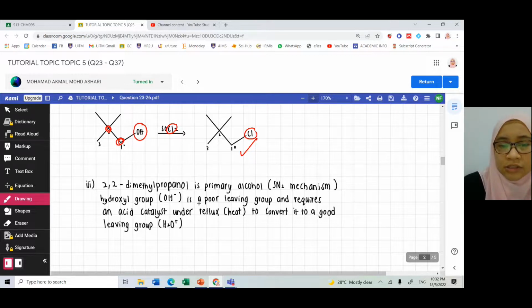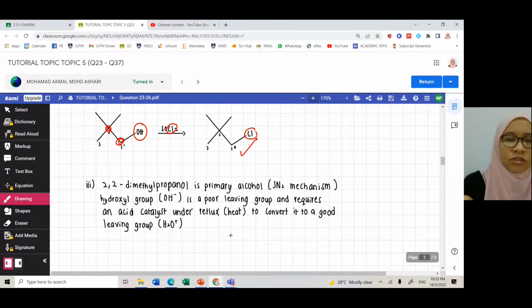Because OH or hydroxyl is a poor leaving group, we cannot just simply use HCl. With HCl we only have one chlorine, one halogen present. But if we use SOCl2, PCl5, PCl3, we have a lot of Cl there.